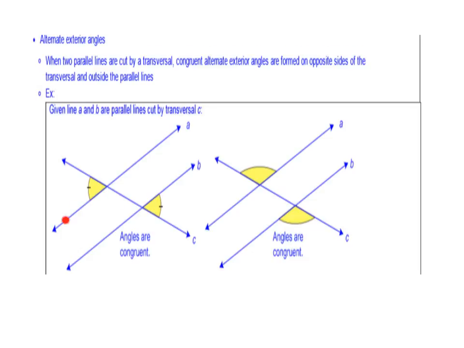Here's the line, here's the two parallel lines, so you're alternating from exterior from this one to this one. And they are formed on the outside and the opposite side of the transversal. These angles are also congruent.